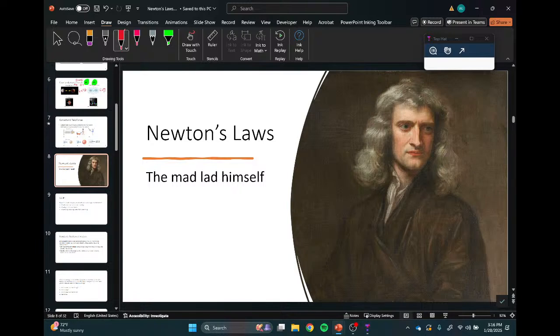This guy discovered the laws for forces, which again are going to sound simple, but no one else had come up with them before. And they explain things in space, and things that we hadn't gone to space yet and all that jazz. He came up with that. He discovered the equation for the force of gravity, that 1 over r squared. Super clever, looking at the moon, doing a lot of clever things.